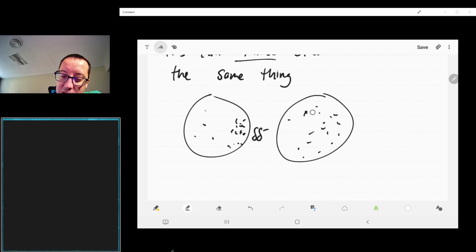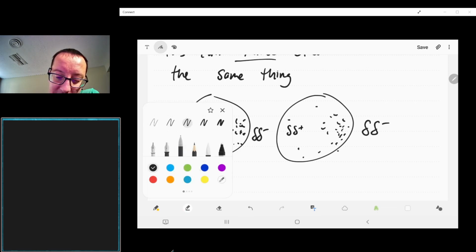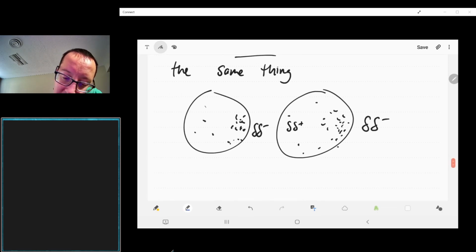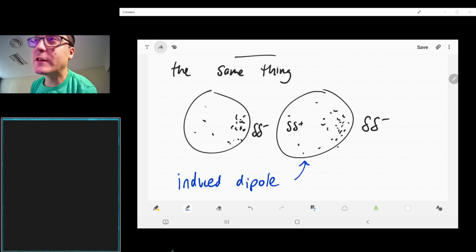I'm going to actually end up moving some of my electrons away from that negative charge. And as a result, now this atom is now partially got a negative side to it and a partially positive side. So we can induce, that means to force it to happen, a very, very, very small dipole.